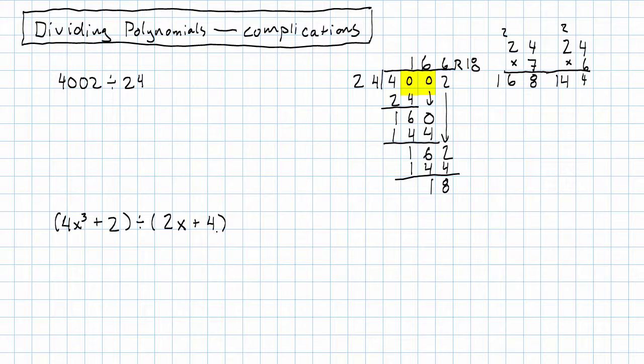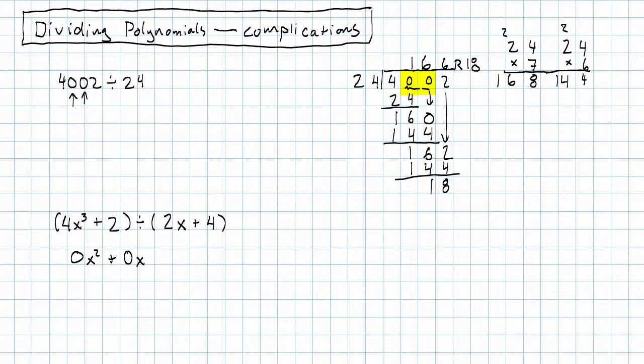But well in the whole number case, we had these placeholder zeros, and those zeros had an important role to play in the long division. In the polynomial case, we typically don't need to write down that we have 0x squared plus 0x.